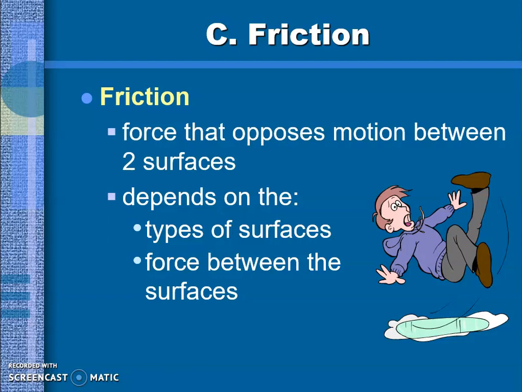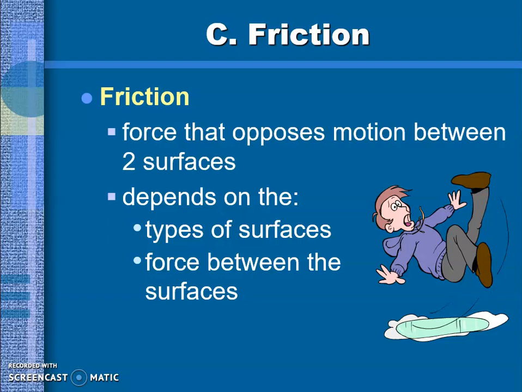So if you think about wearing rubber shoes on concrete, there's a lot of friction between rubber shoes and concrete. When you try to slide your foot, it doesn't slide easily. It's very difficult to get it to slide across that surface.